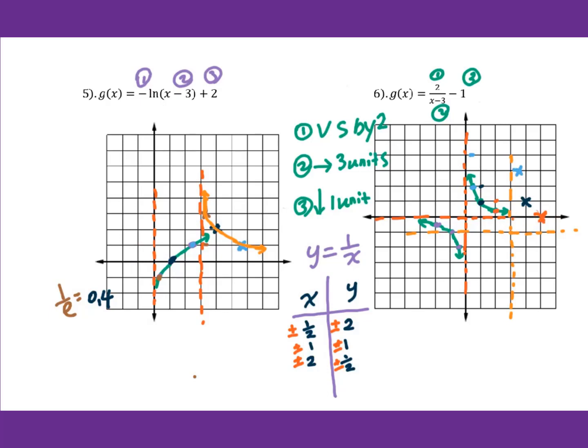Then you connect these 3 points. You will do the same thing for the negative part. You will get these 3 points, then you connect. That will be the new graph.